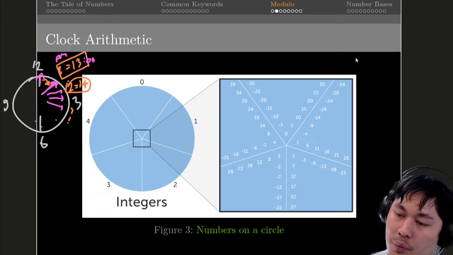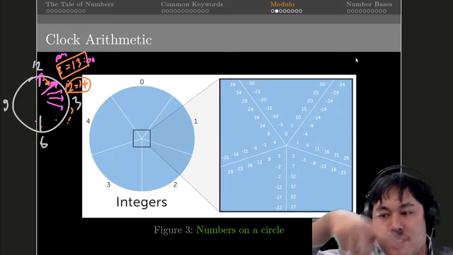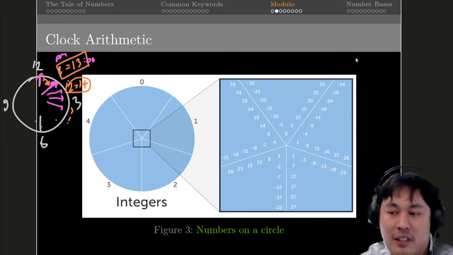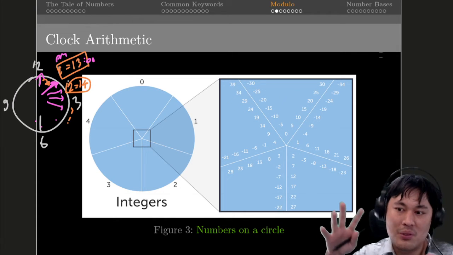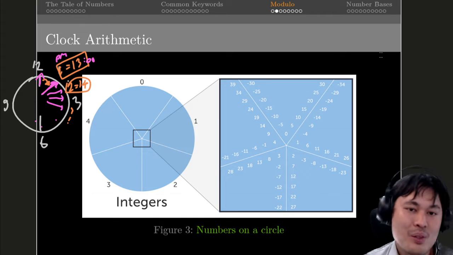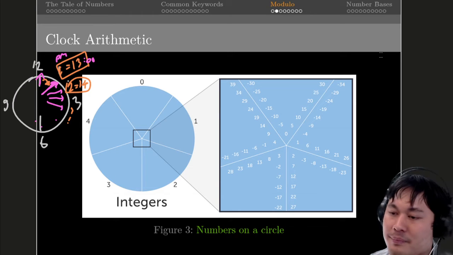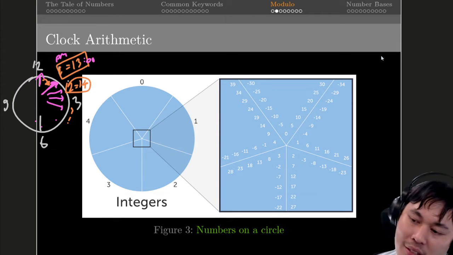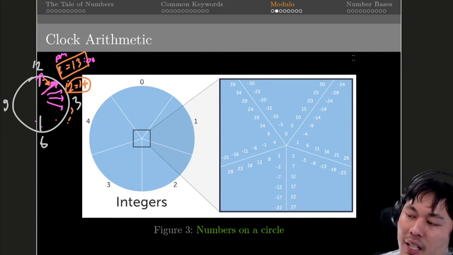If it starts at 1 and then moves 100 hours around the clock, where will it finally land? Maybe you have a code, you run it at 12 p.m. and it takes 100 hours. You want to know when it will stop. So that's the idea. Sometimes all you care about is where it lands.